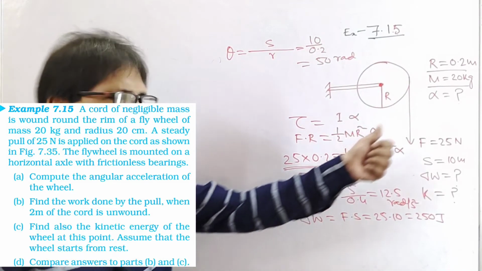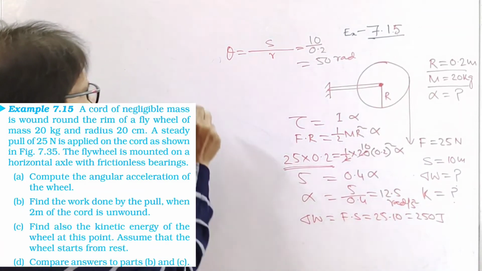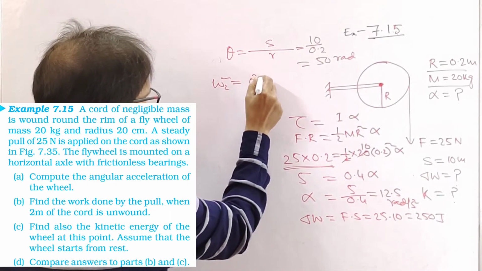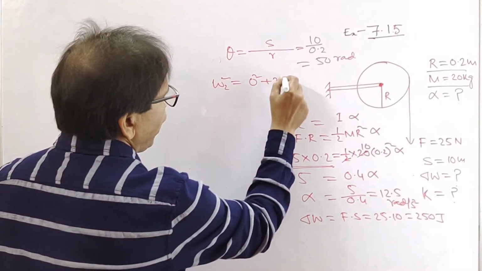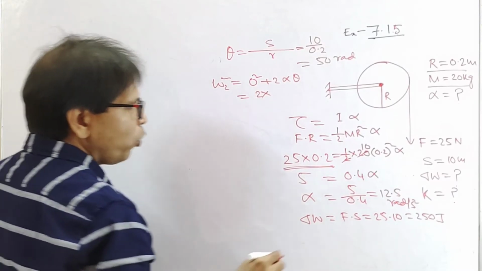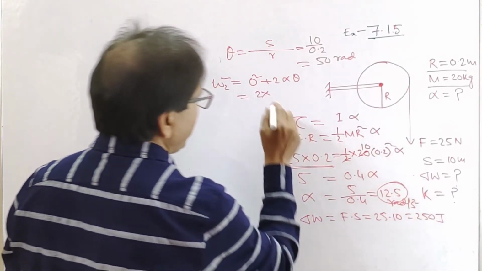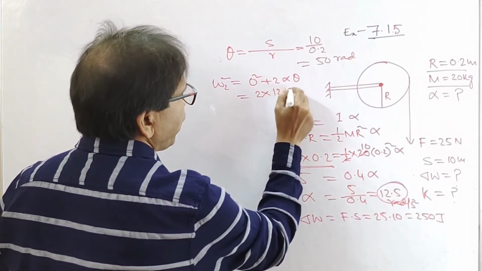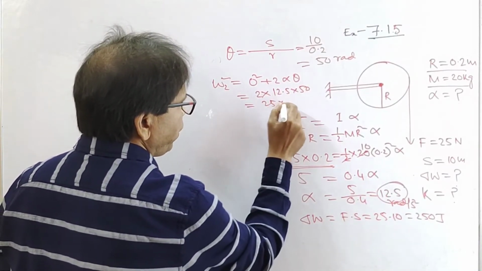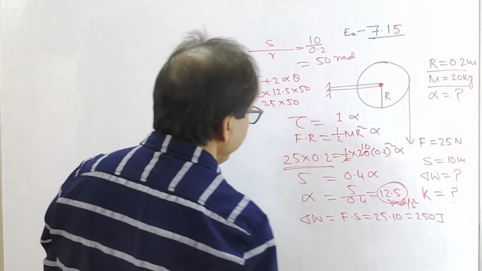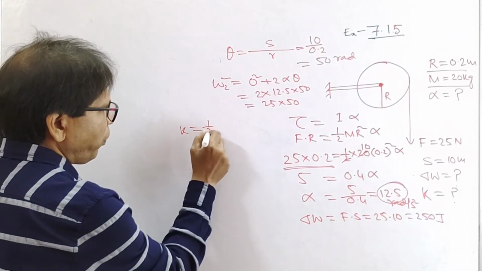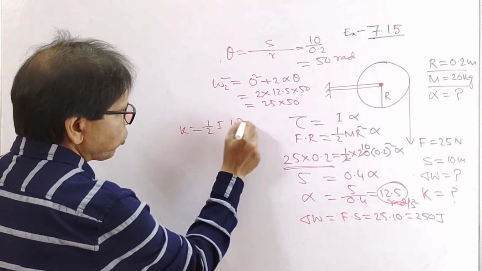Now we have to calculate the angular velocity. Omega 2 square equal to omega 1 square, that is 0 square, plus 2 alpha theta. Now 2 into alpha, where alpha is 12.5, into 50, so this is 25 into 50. Now kinetic energy equals half into I into omega square.